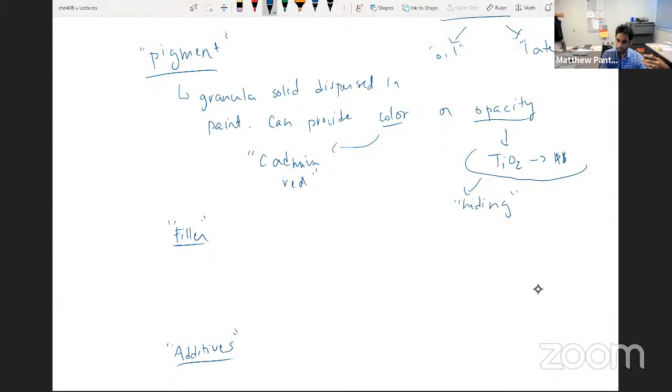So TiO2 is called a hiding pigment, right? It's not for the purpose of color, it's for the purpose of hiding whatever is behind it. TiO2 is the most commonly used because even though it is expensive, the combination of cost versus quality is right.